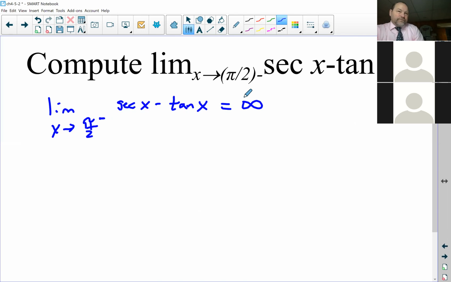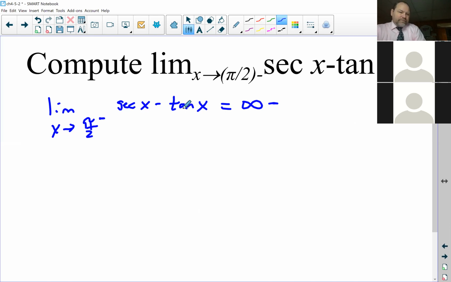If we went from the right, from values greater than pi over 2, it would actually be a negative infinity. In this case, it really doesn't matter, but that's the reason that we're specifying coming from the left.